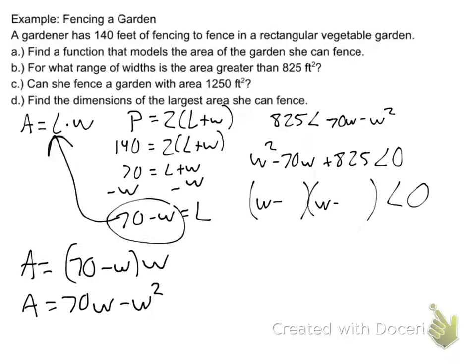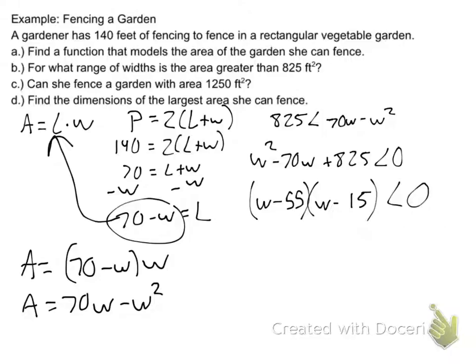What are they? Yeah, it's 55, 15. So, if you didn't know that, you guys could use the quadratic formula or completing the square. All four techniques work, guys.